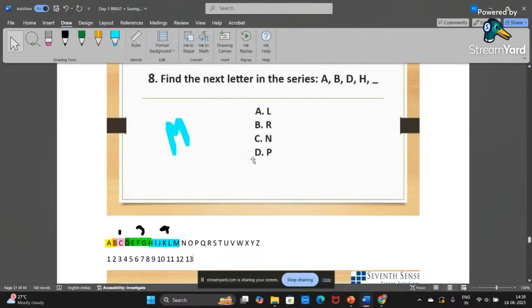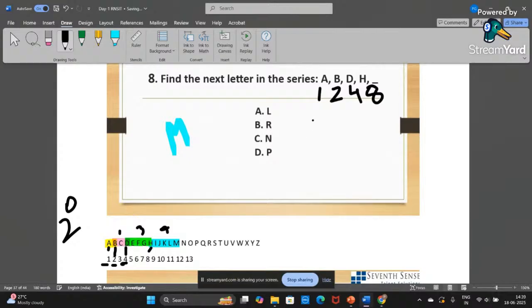So they have written A. So let us think about it, check the position. This is 1. Sorry, they have taken B, that is 2. D is 4. A is 1, B is 2, D is 4. So 1, 2, 4, and H is 8.